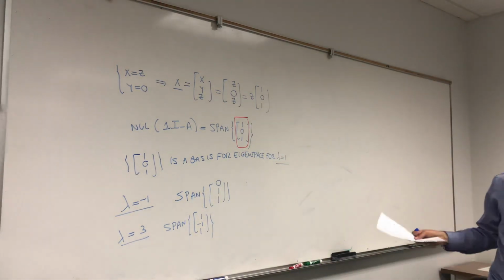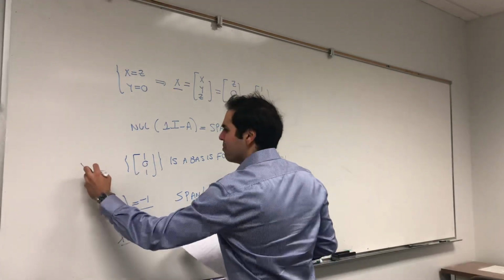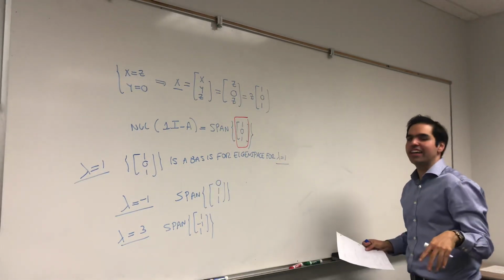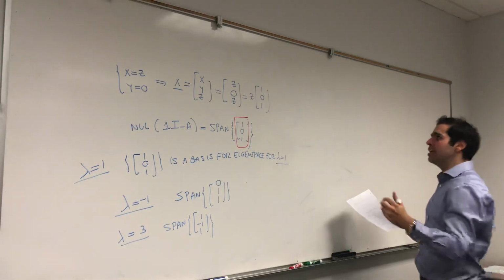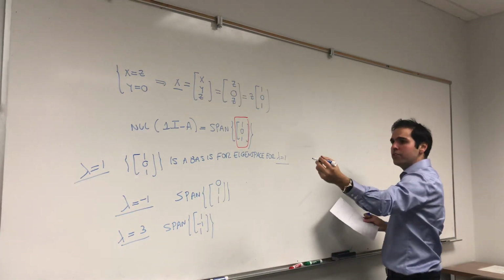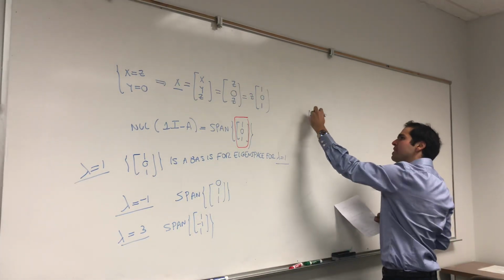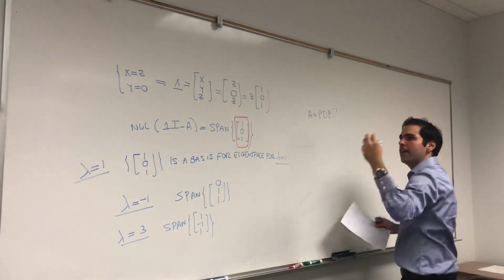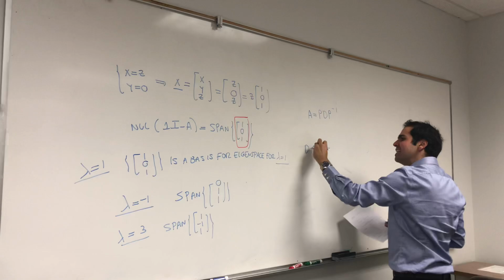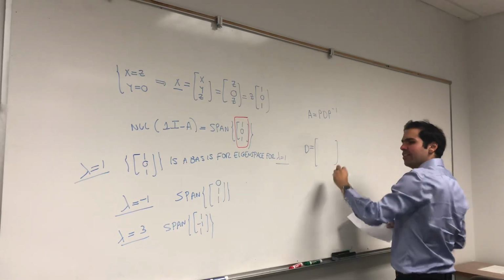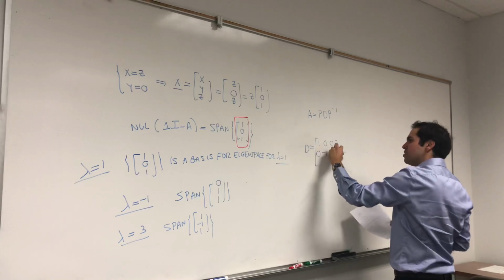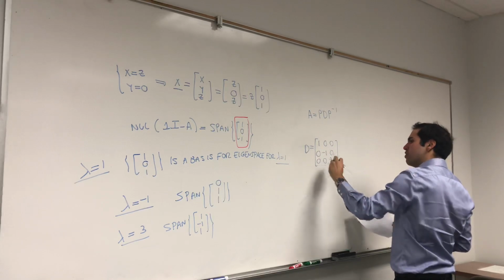All right, and lastly, a question like this wouldn't be find the eigenvectors. A question would be really find an invertible matrix P and a diagonal matrix D such that A is PDP inverse. And to do that, D is simply your matrix of eigenvalues, which here is diag(1, -1, 3).